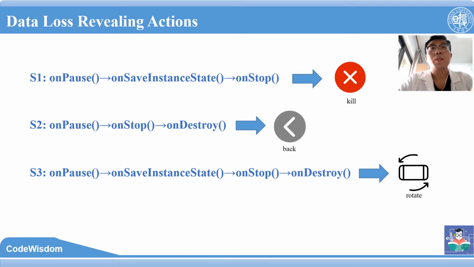S2 occurs when an activity is destroyed by the user pressing the back button or the activity finishes itself. S3 occurs when an activity is destroyed and recreated due to runtime configuration change, for example, screen rotation. So, we use kill, back, and rotate to simulate the three scenarios.